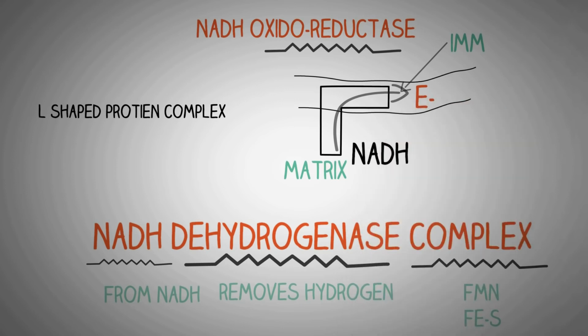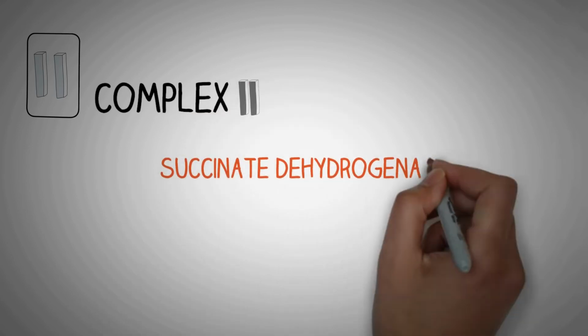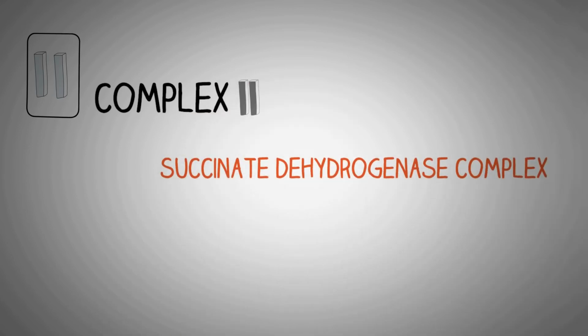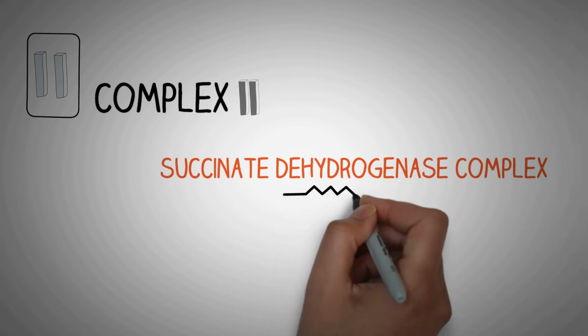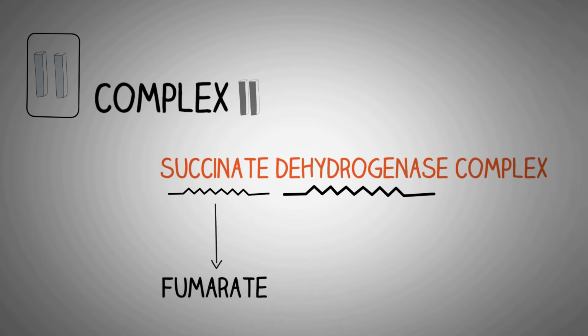Now coming to complex 2 of the electron transport chain. Complex 2 is called succinate dehydrogenase complex. It is called a dehydrogenase because it removes hydrogen from compounds. In this case, it removes hydrogen from succinate and oxidizes it to fumarate, which is a step of the Krebs cycle.